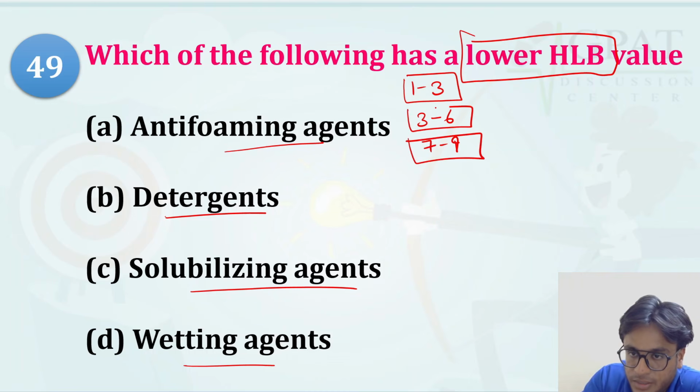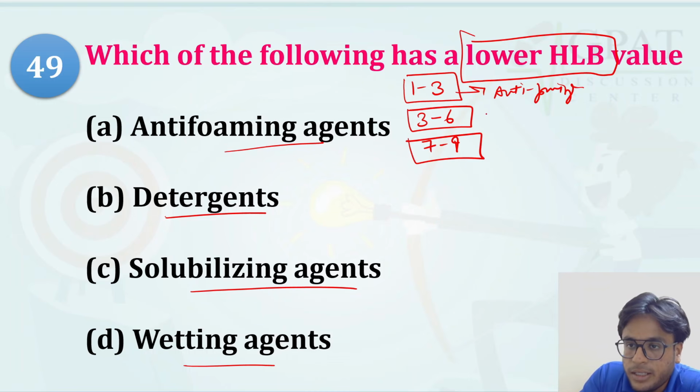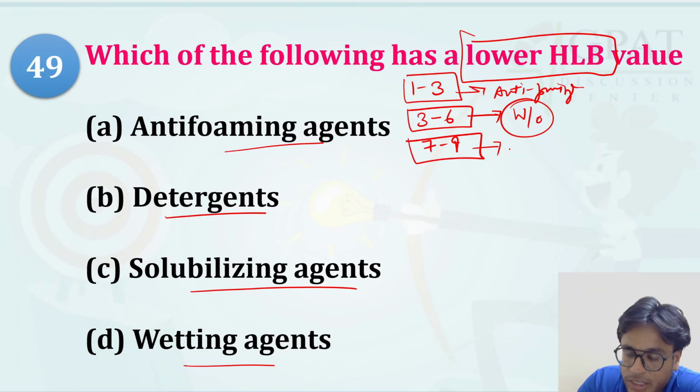So the 1 to 3 HLB value is mainly for the antifoaming agent. The 3 to 6 value is mainly for the oil in water type of emulsifying agent. The 7 to 9 value is mainly for the wetting agent.